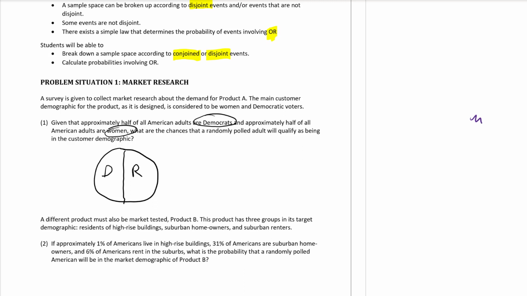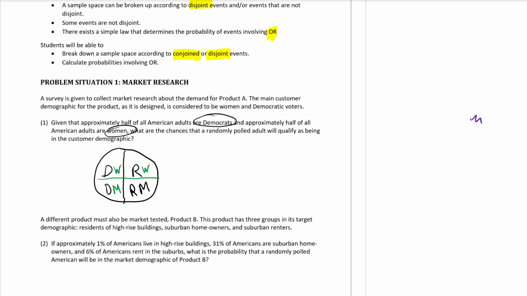At the same time, you can also separate this in the other two categories, where we have Democrat woman, Republican woman, and then Democrat men and Republican men. So that breaks our pool of possibilities into 4 regions that are not connected.